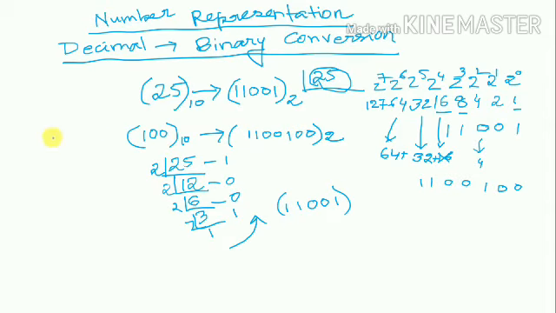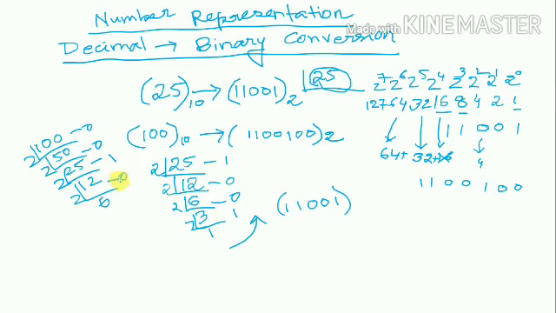So this way you can find it. If you want to find out the binary of 100, then you will divide by 2. 2 means 50, remainder will be 0, then 25, remainder is 0, then 12, remainder is 1, then divide by 2, this is 6, remainder will be 0, then 3, remainder will be 0, and then divide by 2, 1, so the remainder is 1.